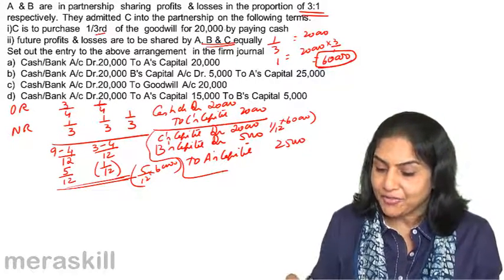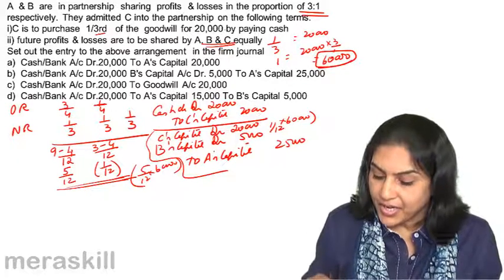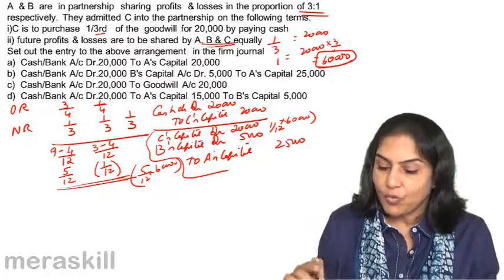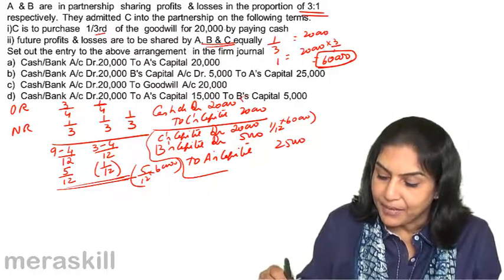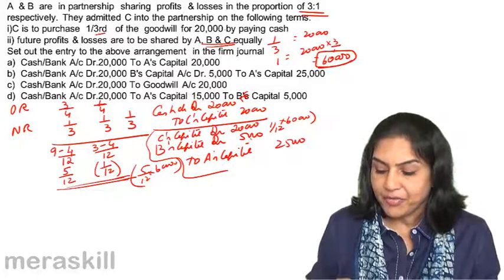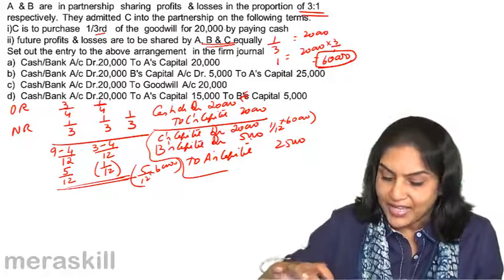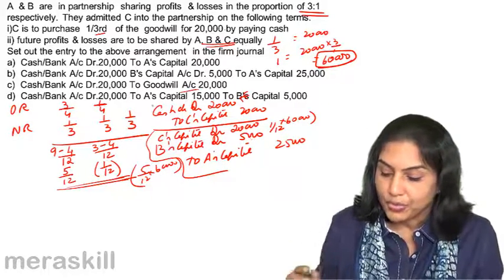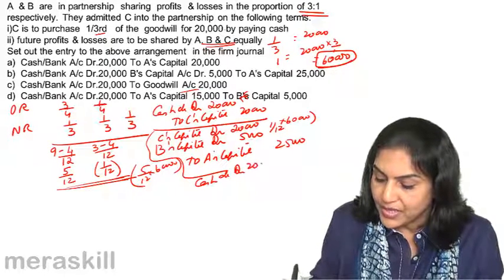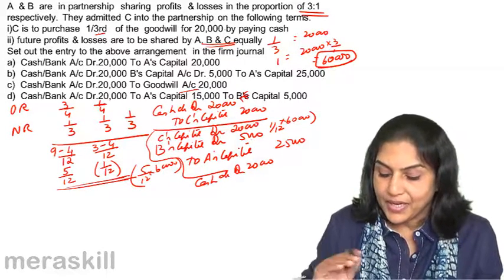Now here it's the net effect. C's capital has been credited by 20,000. It has been debited by 20,000. If we combine these two entries, what we get is cash account debited by 20,000 and B's capital account debited by 5,000. A's capital account is credited by 25,000. C's capital account is credited and debited, so it is offset.